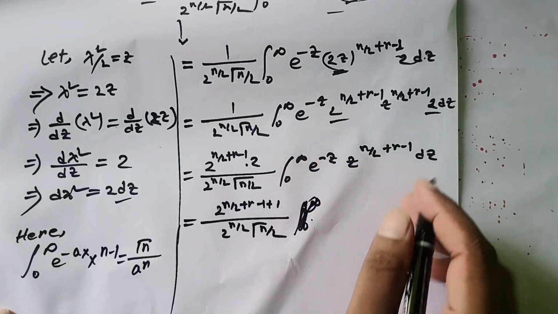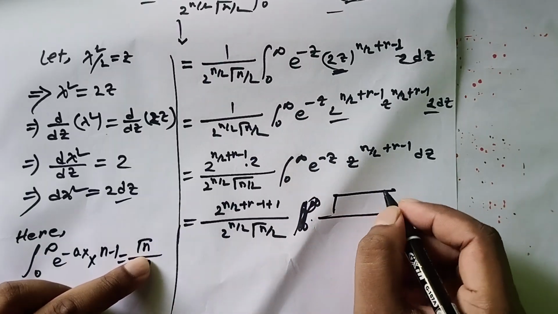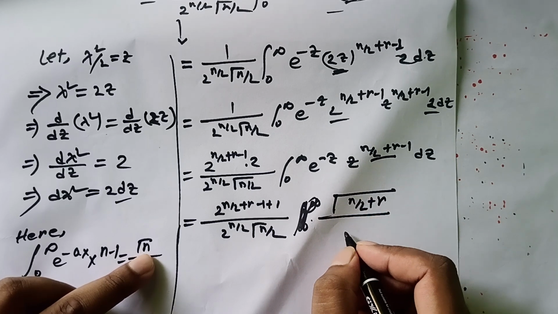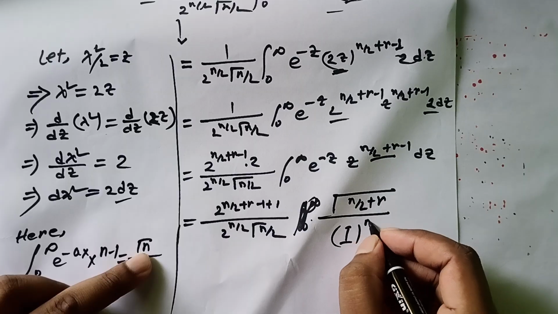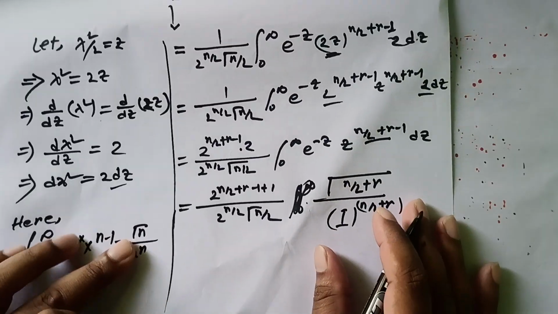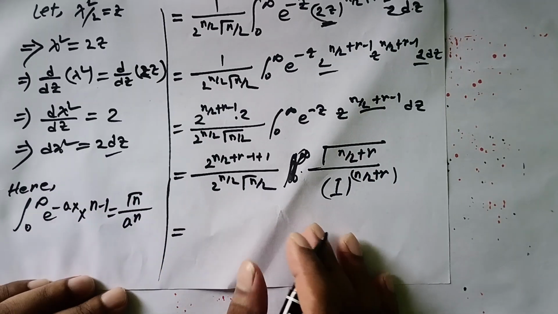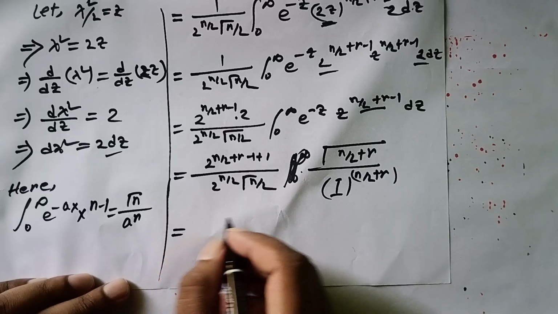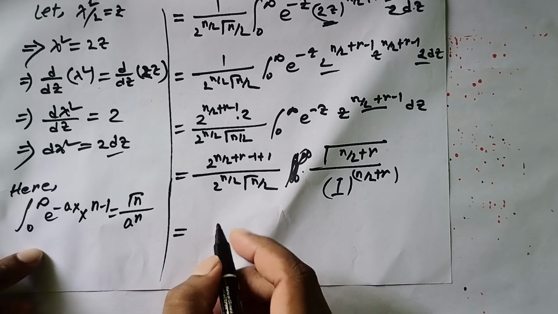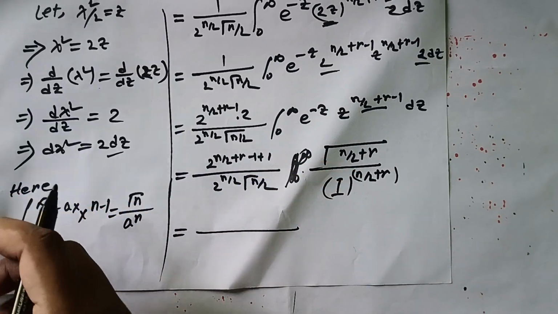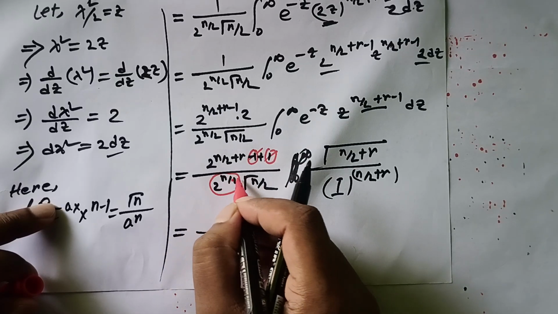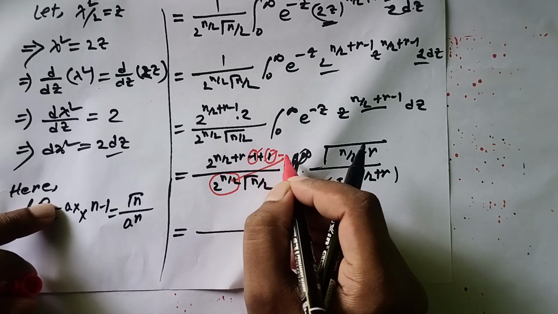So now allow me to write this one. This is our n for here in this case, n by 2 plus r, and 1 to the power n by 2 plus r. Okay, now what we can write from here, so you can see that this one will be cancelled, and this one, if it is taken to the above, that will be minus.